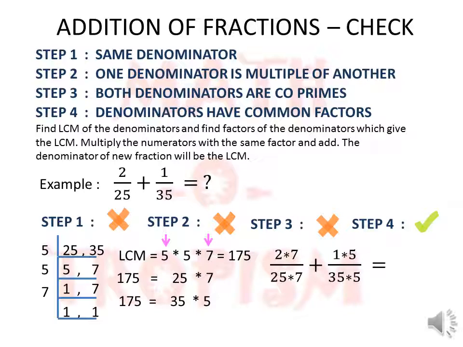So here 25 into 7 gave 175, so it means the numerator of 25 is 2, so 2 must also be multiplied by 7. Similarly 35 we multiplied with 5, so 1 should also be multiplied with 5. So this gives 14 plus 5 by 175, since both are common now. So this is equal to 19 by 175.